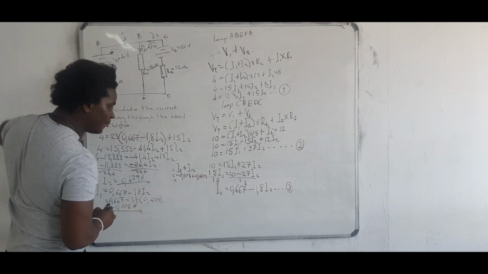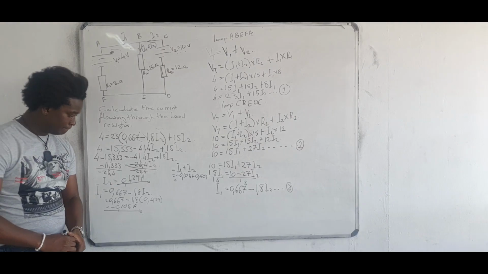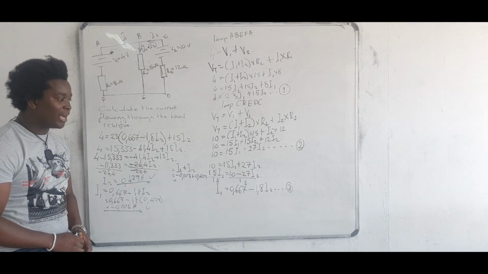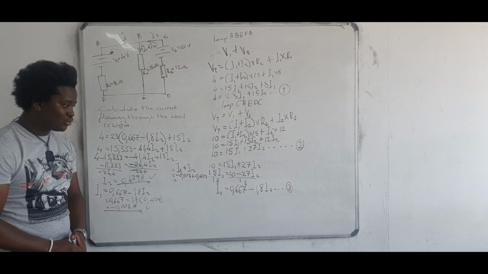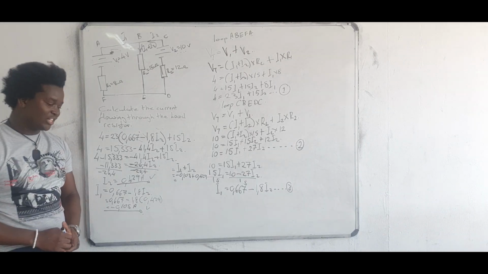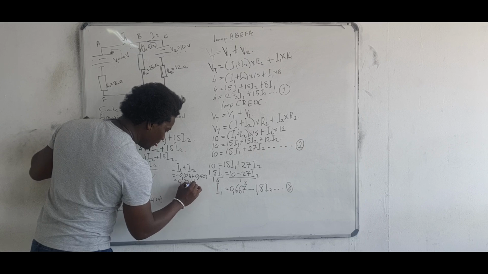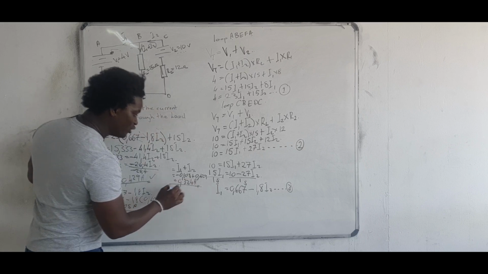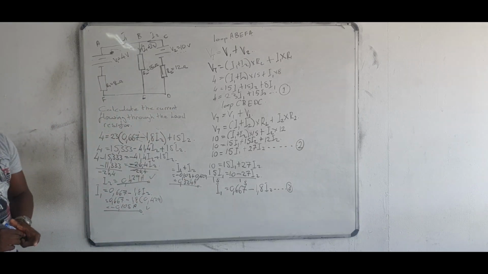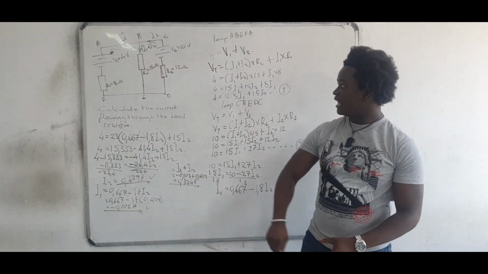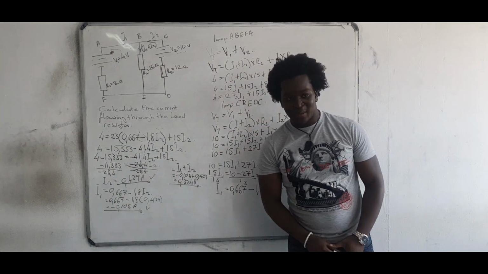The answer will be 0.324. That is correct. 0.324 amps. Awesome, I'm proud. What do you guys think? Simple, no? Still too simple. So basically, you must reverse it. There's the direction, that's correct. Must be reversed.